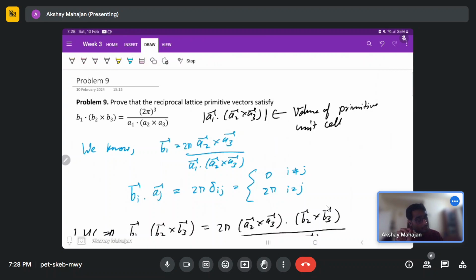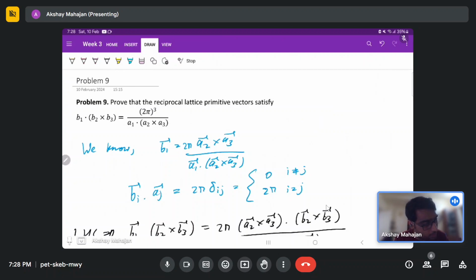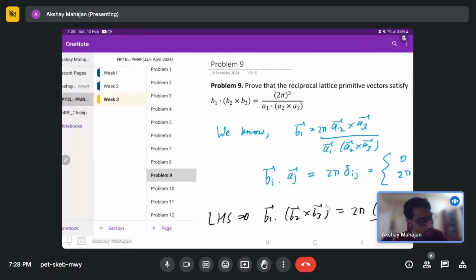So this will help you find the relation between the volume of your primitive unit cell and the volume of your reciprocal unit cell, right? Hopefully you will be able to solve this week's problem now.